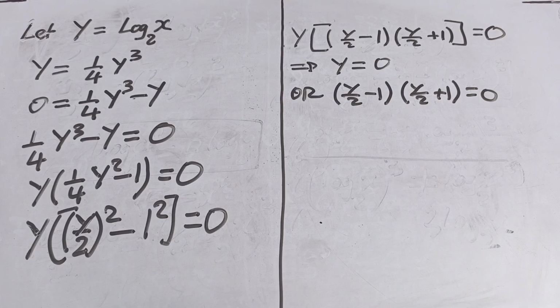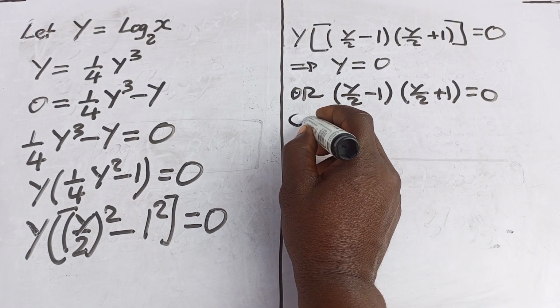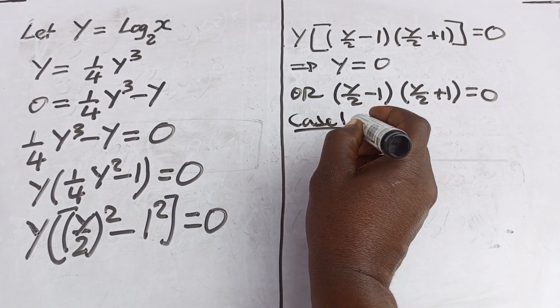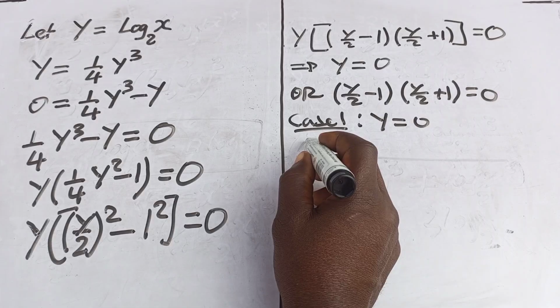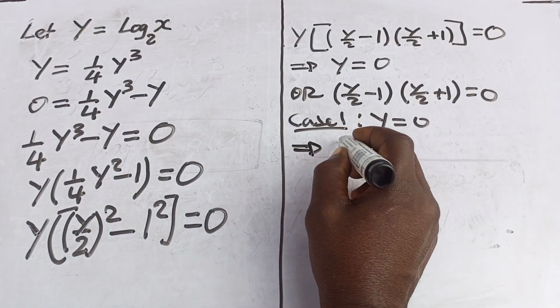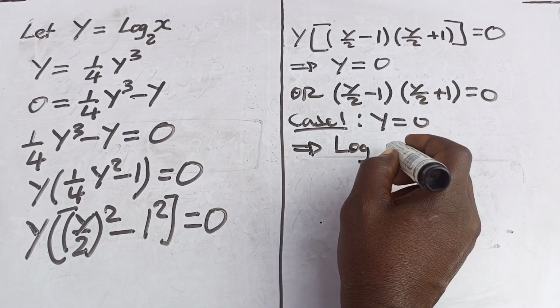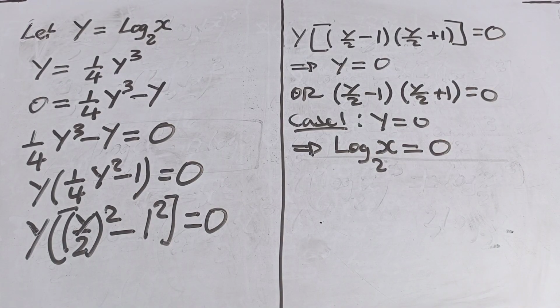Now let's take the first one. Case 1, y equals 0. What is y? Y again is log to the base 2 of x. So we're saying log to the base 2 of x equals 0.